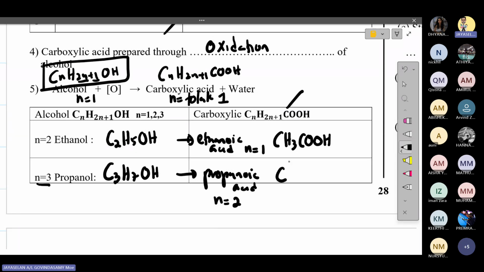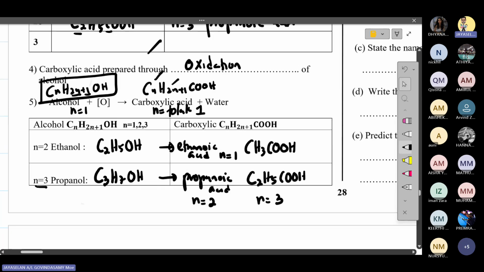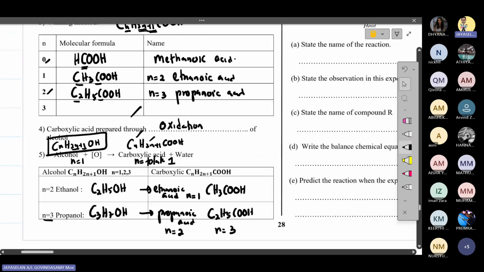Here C2, 4 plus 1, 5, COOH. When you count this, you already got 3 carbons, 2 plus 1, 3. Understand or not? Very simple, you know. Easy. Can all of you understand? Okay, copy down.